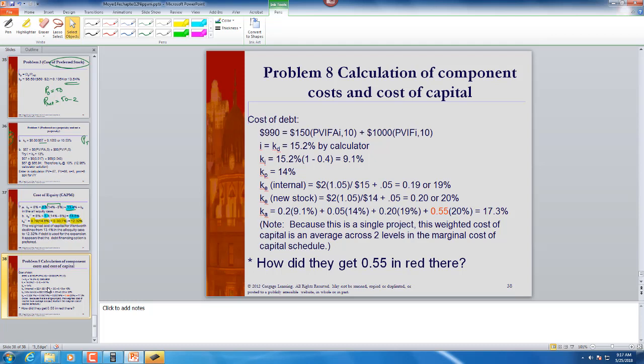So the first thing you do is write down all the stuff that you got here. Let me write it down here in notes. Now we know the expansion is 100 million.